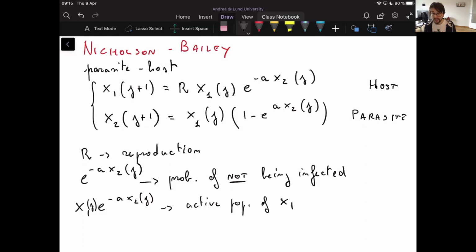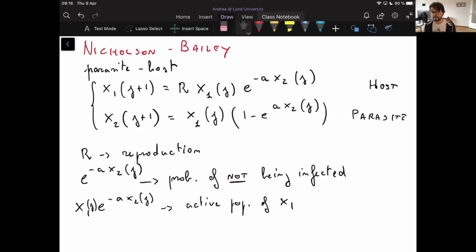So the number of parasites at the given iteration will be the probability of a host to be infected. So it's 1 minus the probability of not being infected, of course, times the population of x1. So in our previous example, the probability of not being infected would be 0.9. It means that the probability of being infected is 0.1.